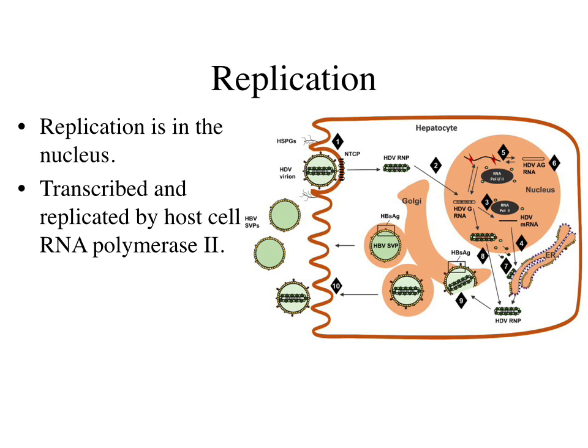HDV uses a rolling circle amplification mechanism and the host RNA polymerase II to transform the genomic hepatitis D virus RNA into its exact complementary form, the antigenomic hepatitis D RNA, and then into new viral genomes.